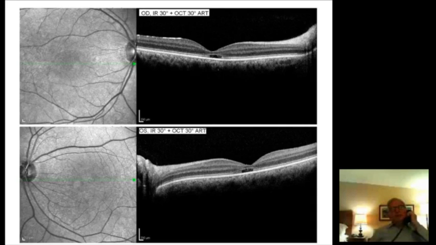Next slide, please. Advance. And here's an OCT that shows the typical cystic lucency in the fovea of patients with achromatopsia. That is, the patient who lacks cone photoreceptor function has normal rod photoreceptor function. Advance, please.